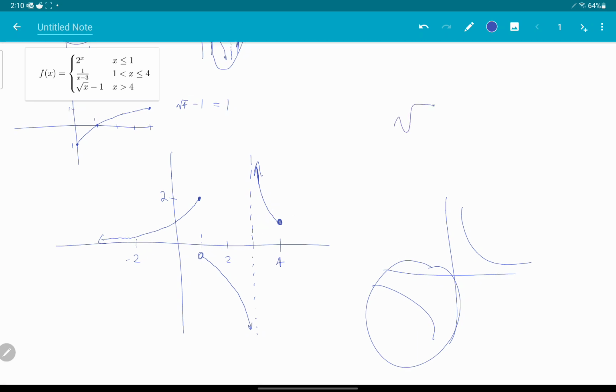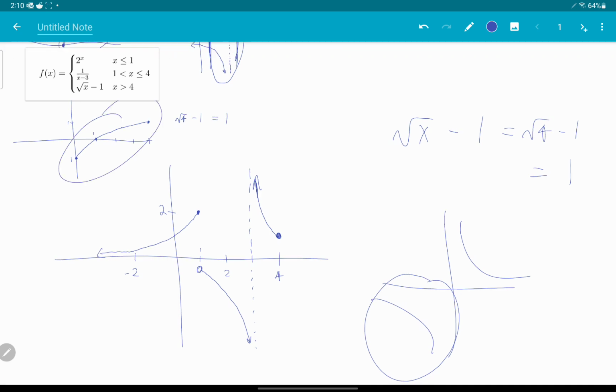If you take root x minus 1 and you plug in 4, you do get 1. So I'm going to go through this point. And then I'm going to be this parabola, which is on its side. So something like this.